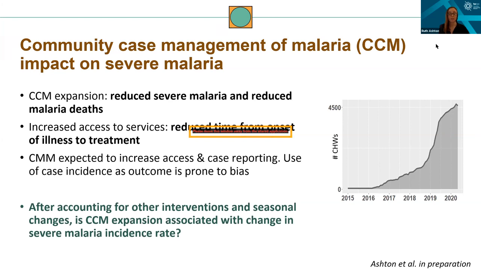So our research question was really, after accounting for other malaria interventions that are taking place within this population and seasonal variations in transmission, is this expansion in community case management of malaria associated with a change in the severe malaria incidence rate? Next slide.